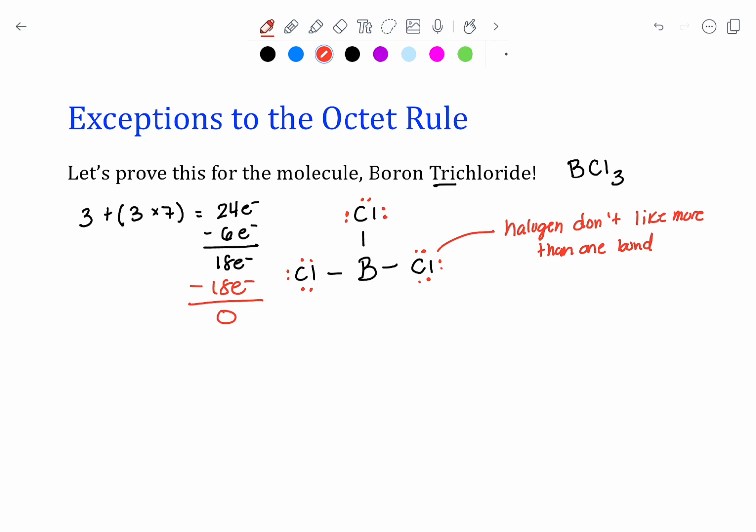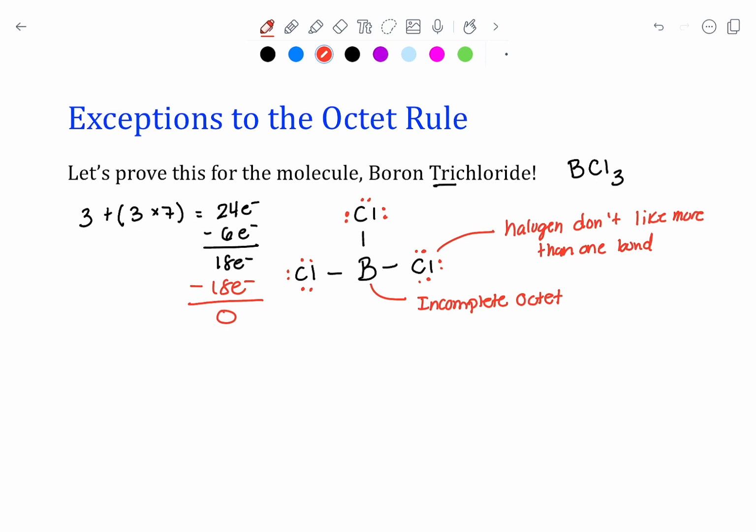We're going to see some exceptions to that as one of our exceptions to our octet rules, but if we can avoid it, then that's fine. And the reason why we're able to avoid it is because boron has an incomplete octet. Okay, I have no electrons left.